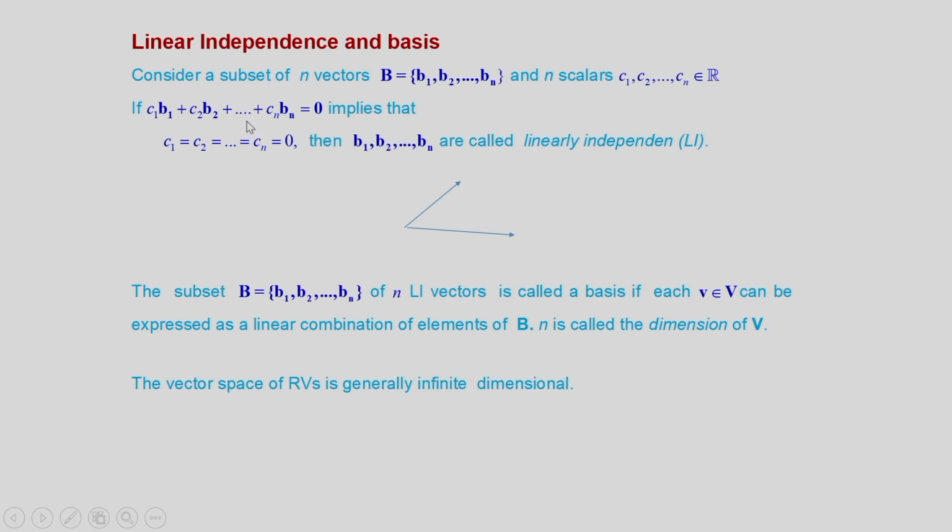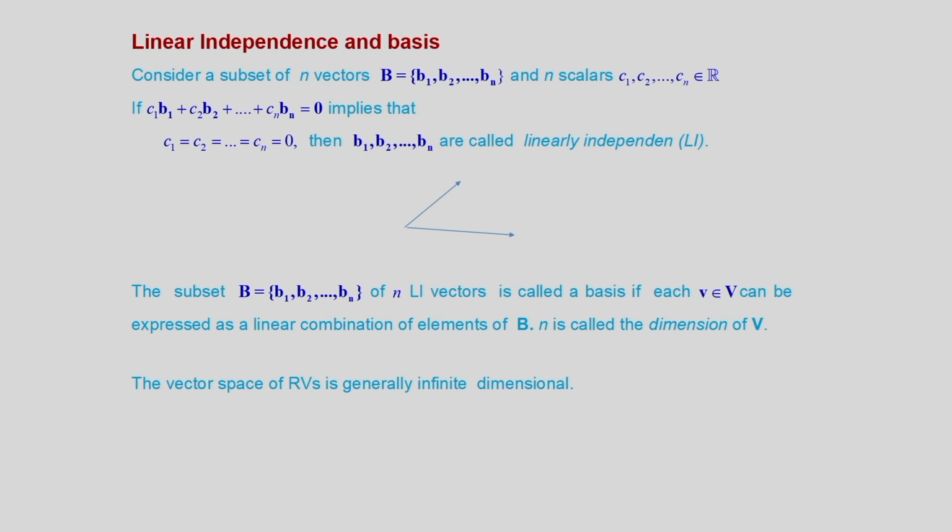Linear independence says that if we consider any vector in this set B1, B2 up to Bn, you cannot represent one vector as a linear combination of the rest. For example, let us consider this two dimensional vector.